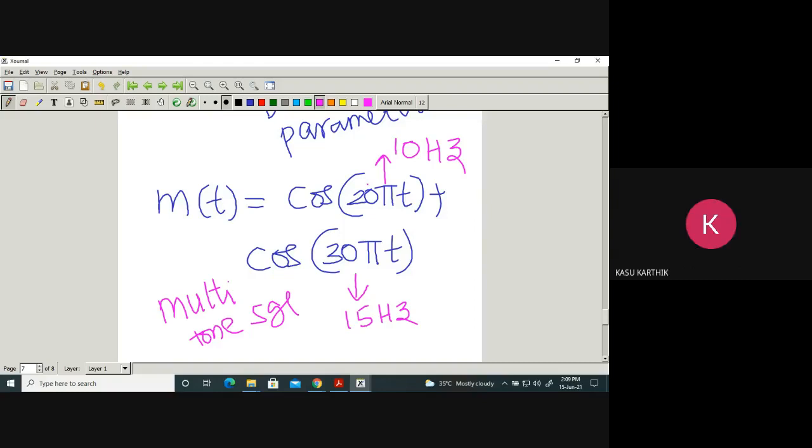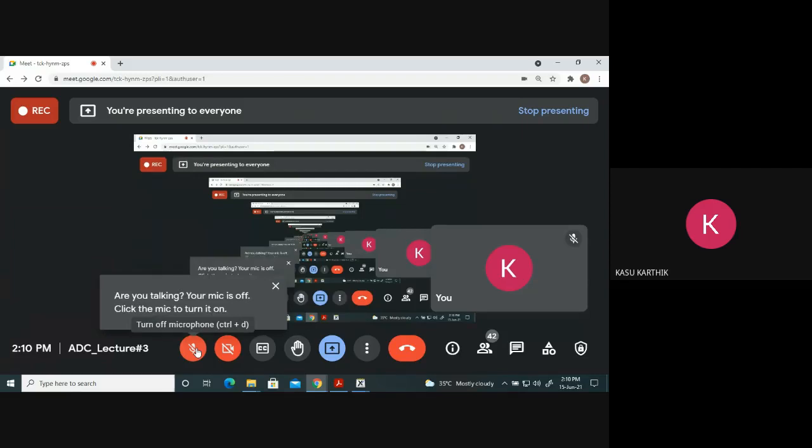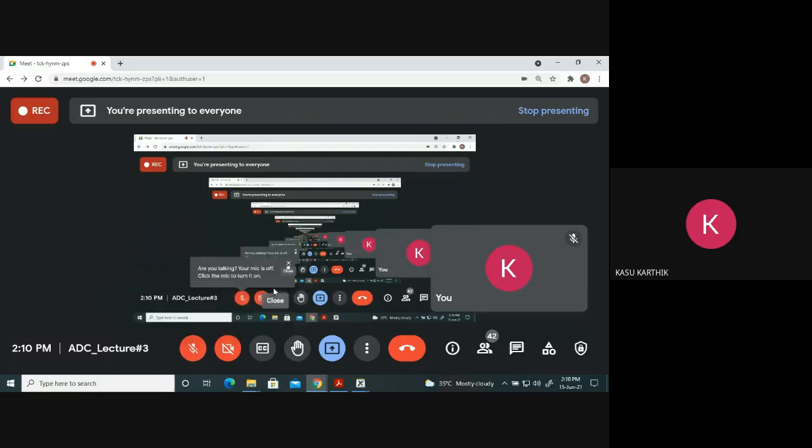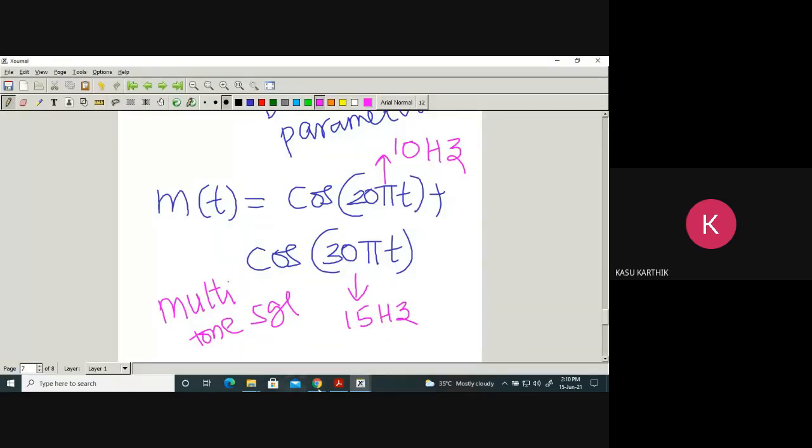By the cos C plus cos D formula. That is an example of a multi-tone signal. You study on your own.